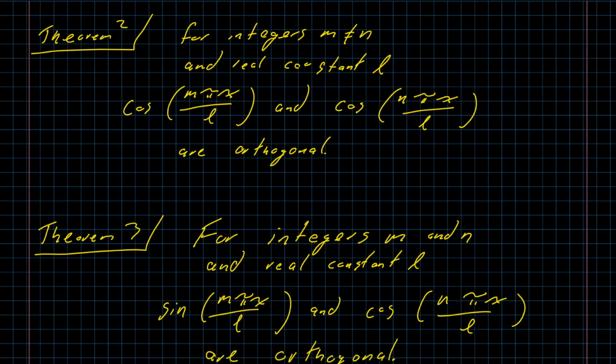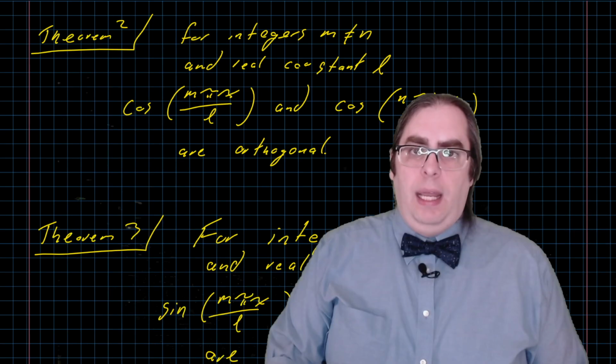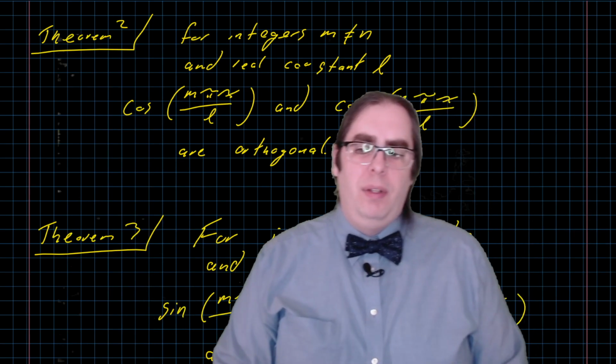I don't really think that you're going to gain that much by going through these proofs as well. Right? They follow the same pattern as the first one that we've already done. And that's an awful lot of setup.